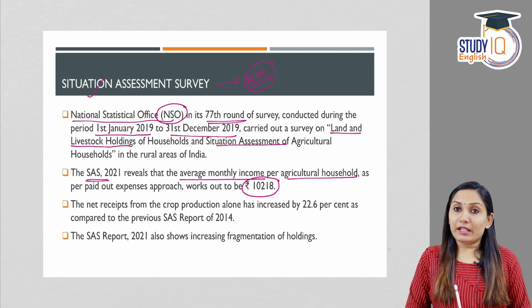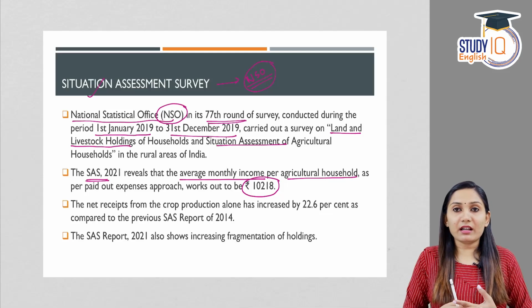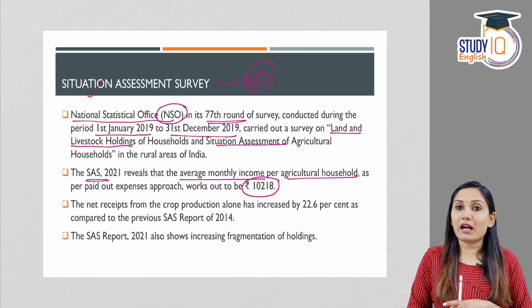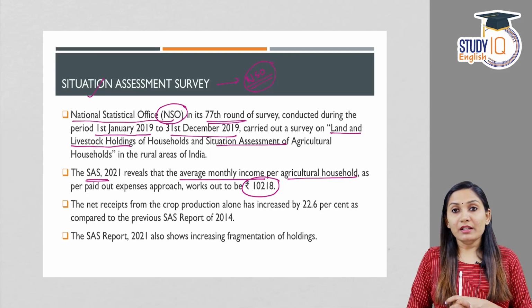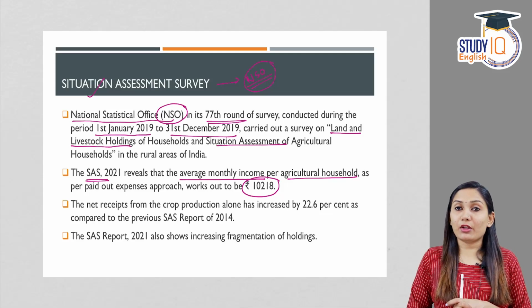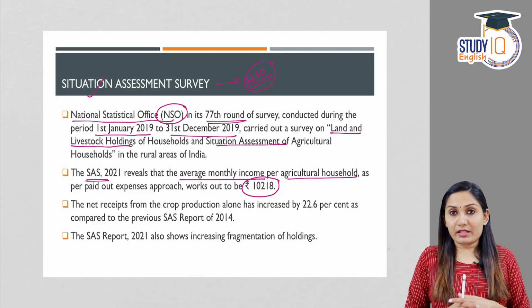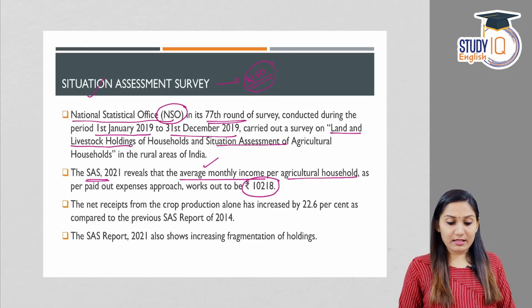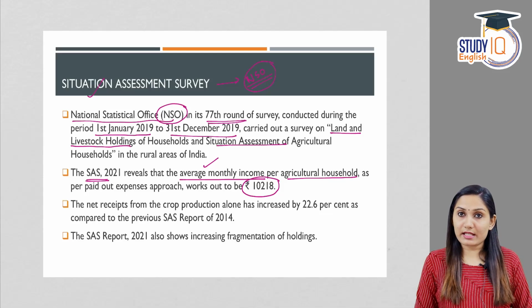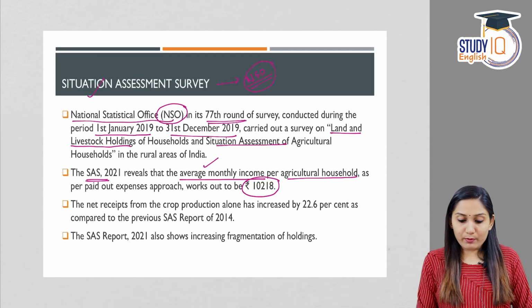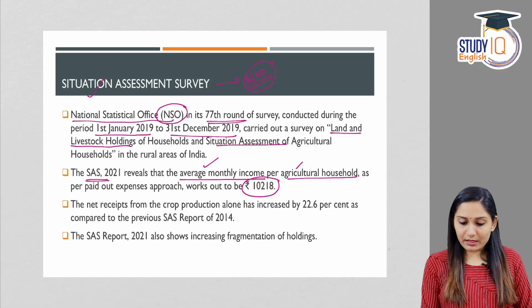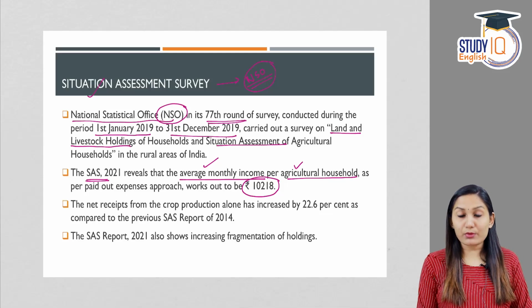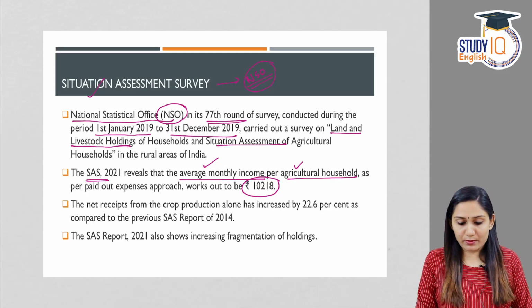If you remember, in 2017 or 18, UPSC in the prelims exam asked regarding the distribution of agriculture as an economic activity across India. So this topic was asked. Now, this can be again a question because this is a finding of NSO, National Statistical Office. The average monthly income per agricultural household in India is 10,218. So it's about 10,000 rupees.